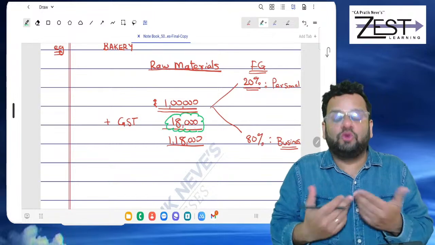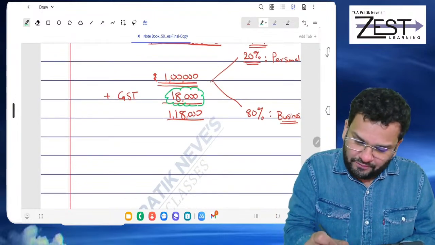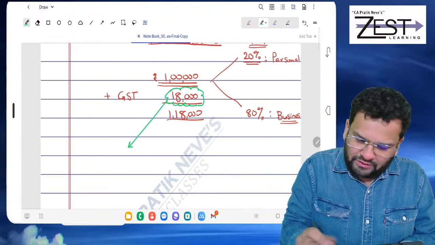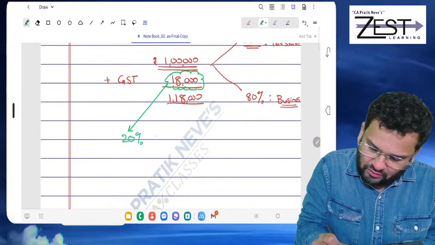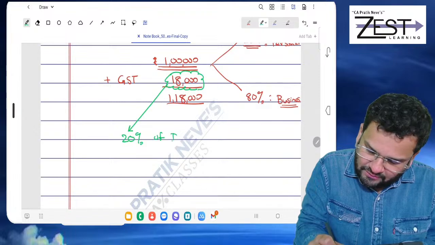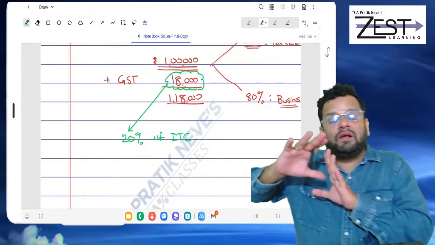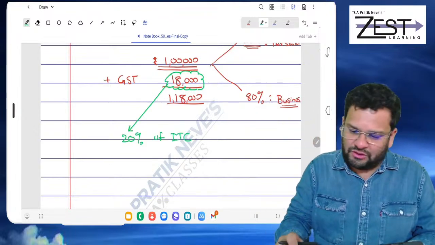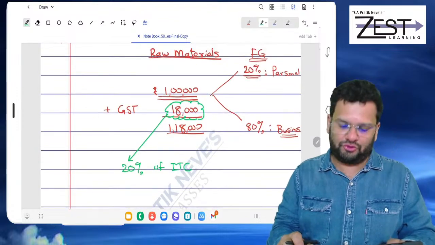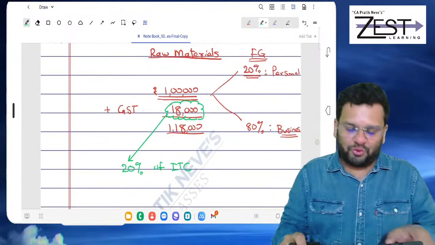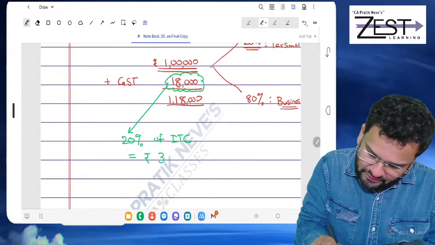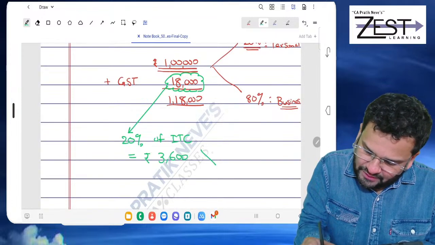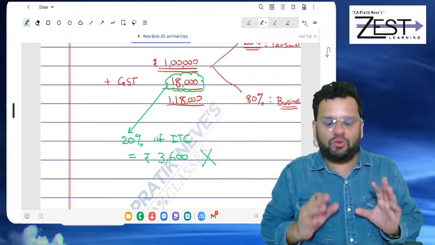Of course not, because out of that 18,000, 20% of ITC is attributable to making finished goods which are for personal use. So what is 18,000 into 20%? To the extent of 3600, ITC will not be allowed.